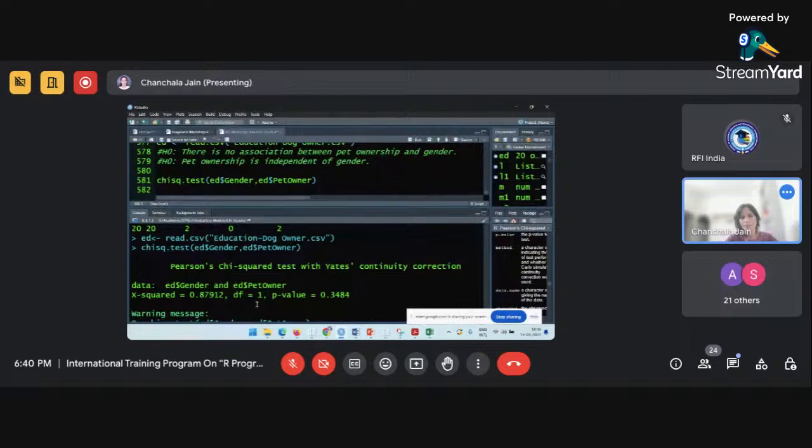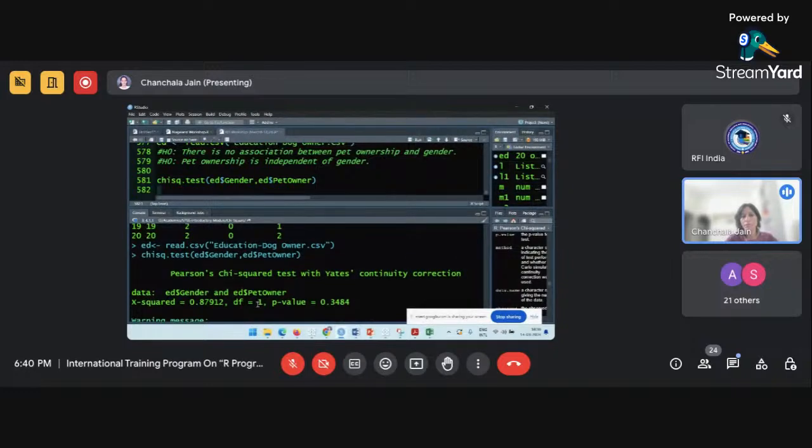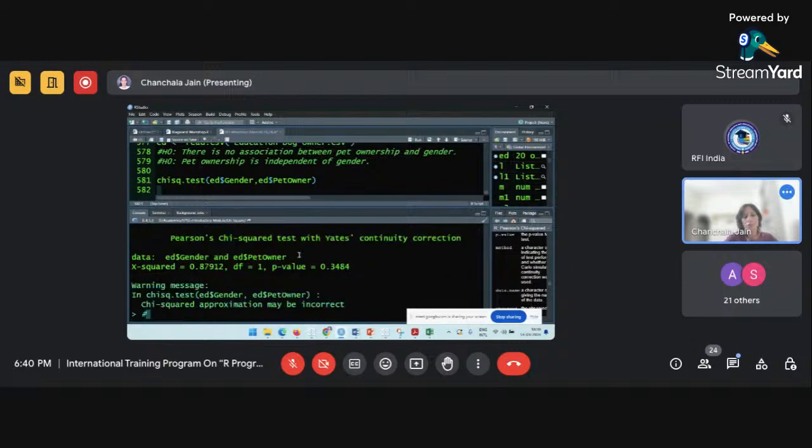Right. So you can see we are having the chi-square value as 0.879, degrees of freedom is 1, p value is 0.3484, which is greater than 0.05, right? So you can write here p is greater than 0.05.